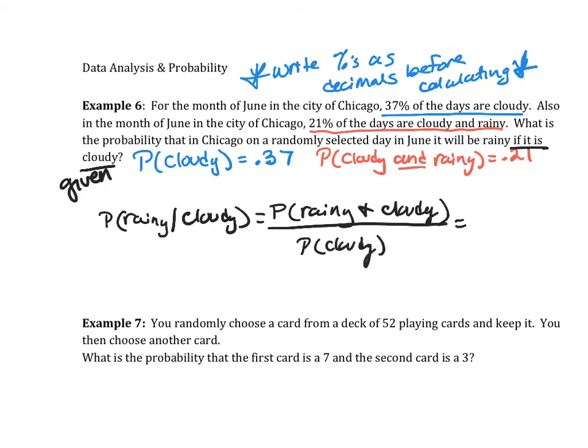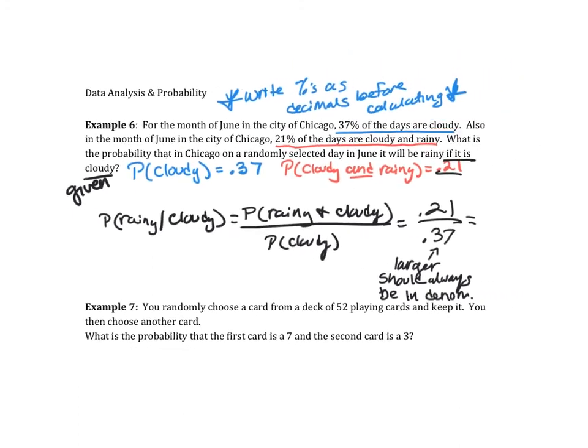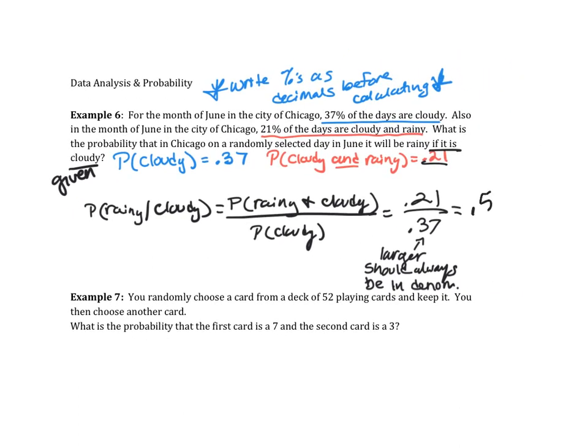And also, when in doubt, the larger probability or the larger number should always go in the denominator. So and is 0.21, cloudy is 0.37, this one's a larger one, a larger number should always be in the denominator, because or else we'd end up with a probability larger than 1, which we can't have. So helpful hint, if you're ever unsure, it's always the larger one that goes in the denominator. So that would give us a probability of 0.57.